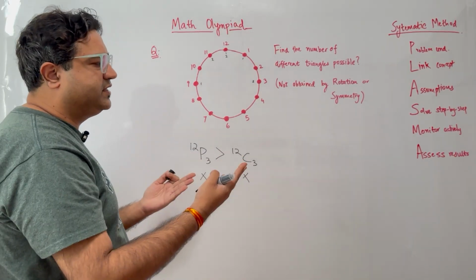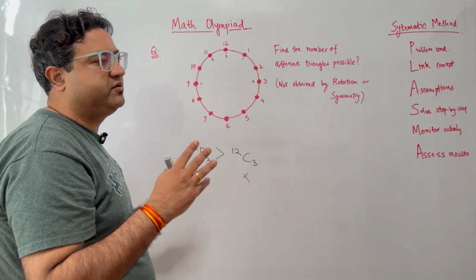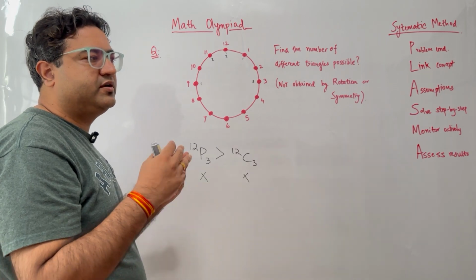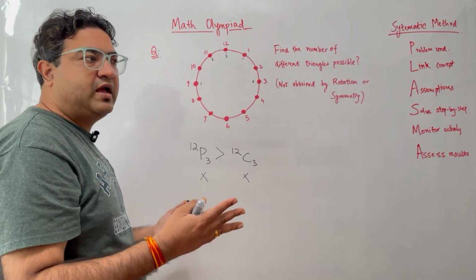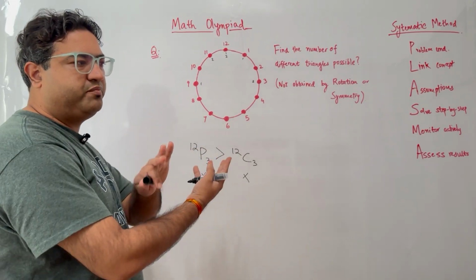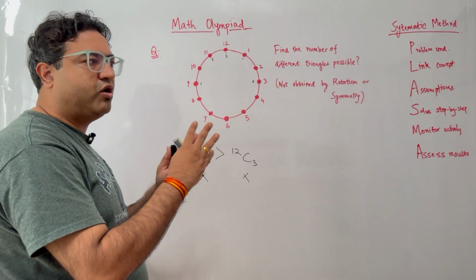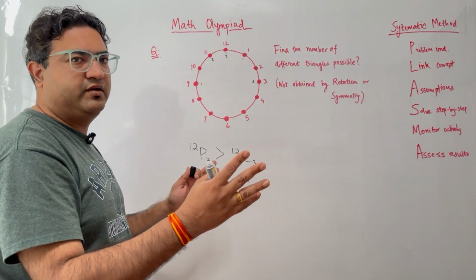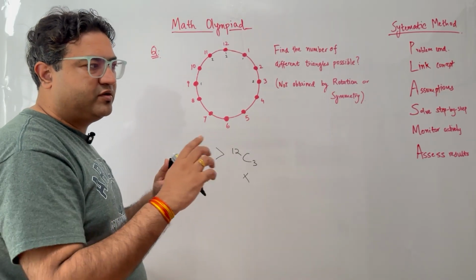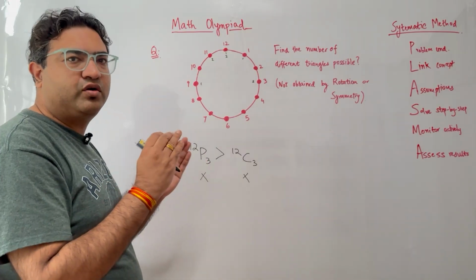Essentially this means we have to find the triangles which are unique in their side lengths. You can move them around, you can flip them around, but you should not get a different triangle. So all 3 lengths together cannot be the same. That is the key message here.